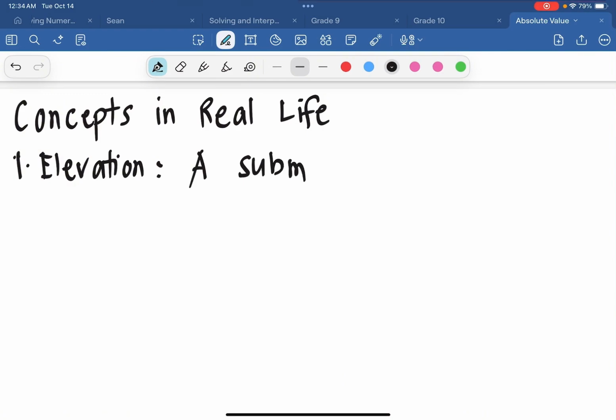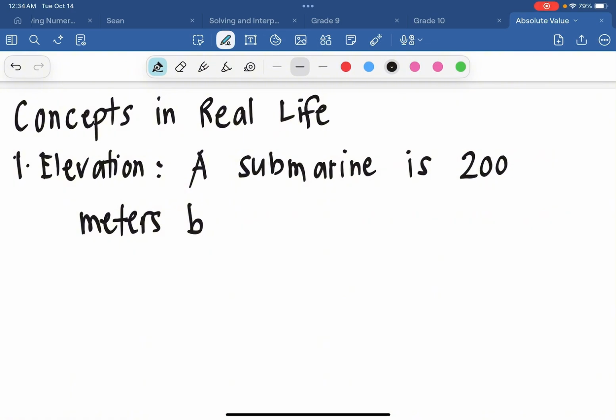A submarine is 200 meters below sea level. Now, based on this concept, involving absolute value, we could have it like this.